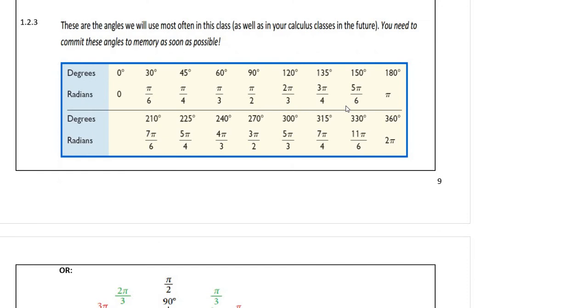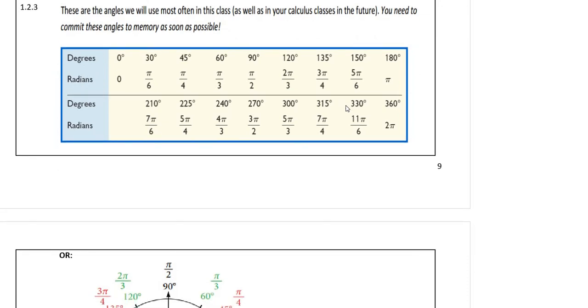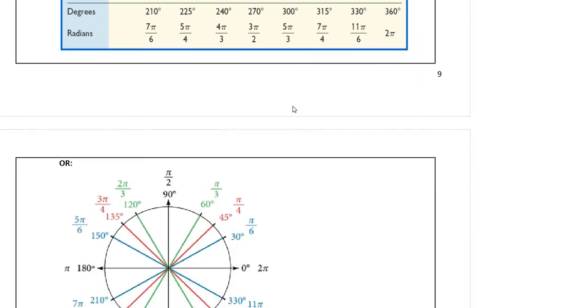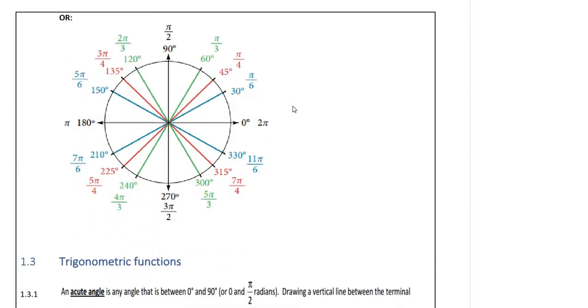Now 1, 2, 3 in your book, I just put it there for quick reference, with all the special angles that we tend to use. I think it will be good if people make a summary of all the important things. Here's the other way that you can do it with a circle.